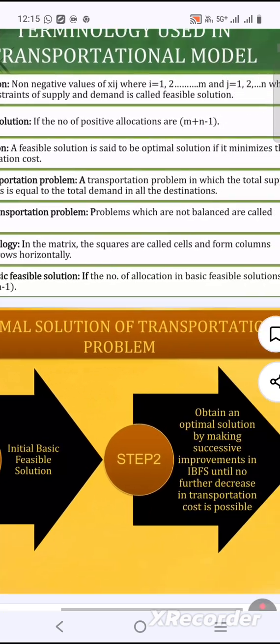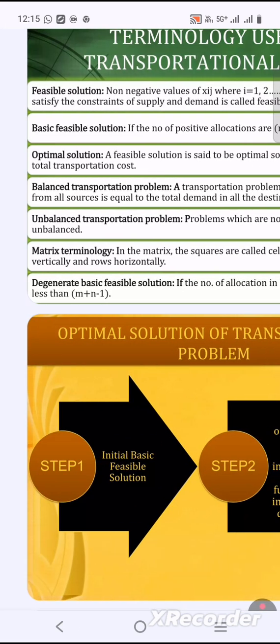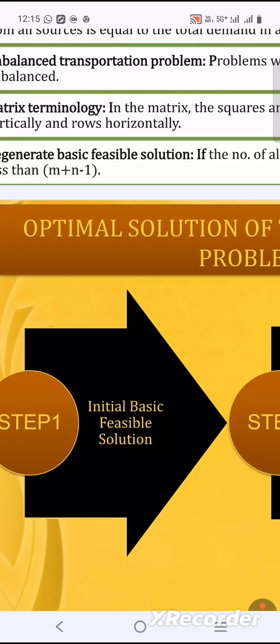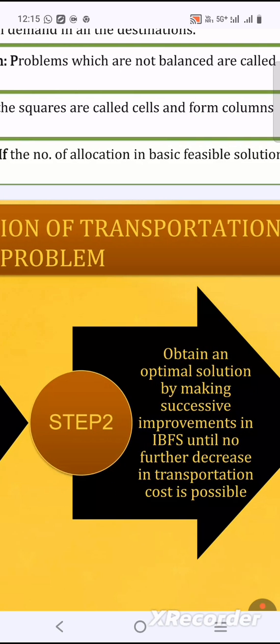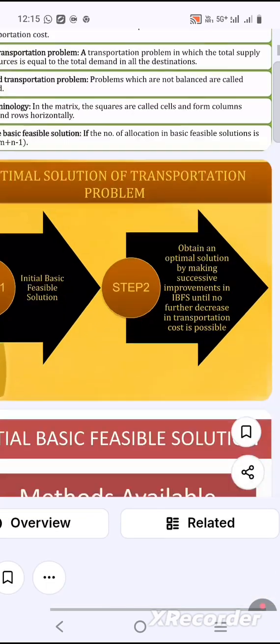To find the optimal solution of the transportation problem, the first step is to find the initial basic feasible solution, and the second step is to obtain the optimal solution by making successive improvements in the initial basic feasible solution until no further decrease in transportation cost is possible.